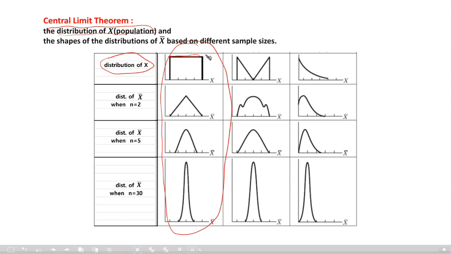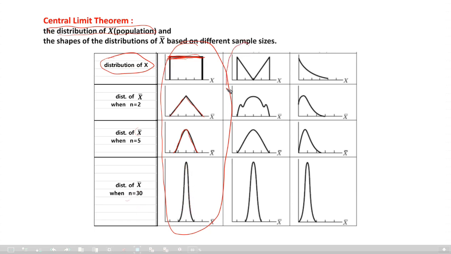You don't have to name a distribution, but it is one of the probability distribution functions, f of x. Then the distribution of x bar when n equals 2: oh, a triangle. The distribution of x bar when n equals 5 is a slightly smoothed triangle. What is the distribution of x bar when n equals 30? It is likely a normal distribution.